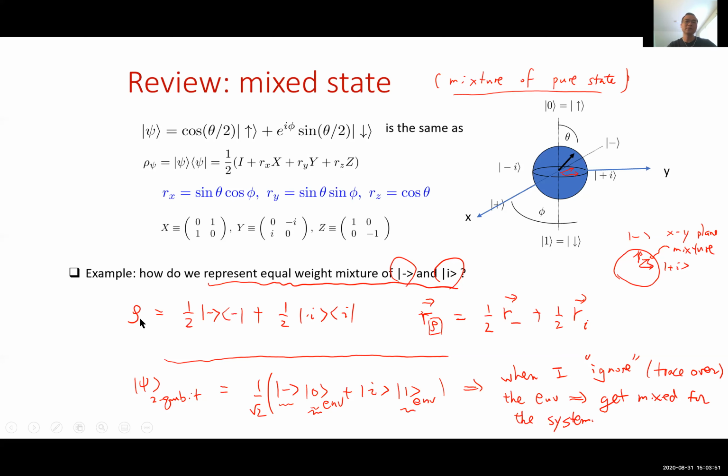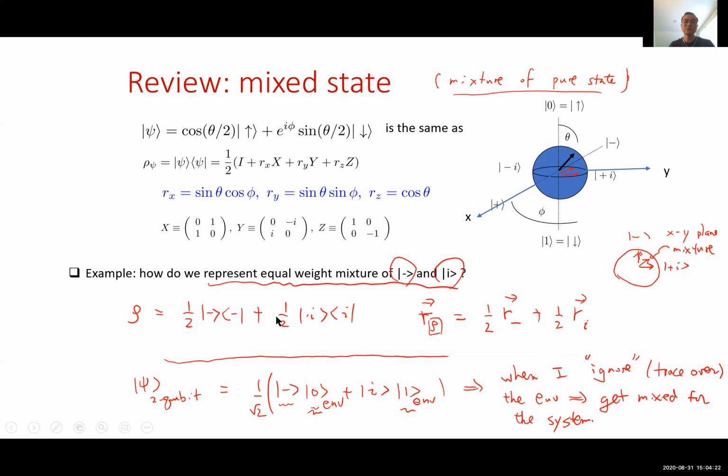But this system could also arise from a mechanism where the source is emitting minus or plus half of the time. So without access to the environment, we have no way of knowing how the system was actually generated, unless we specifically generate it using probabilistic emission of different states.